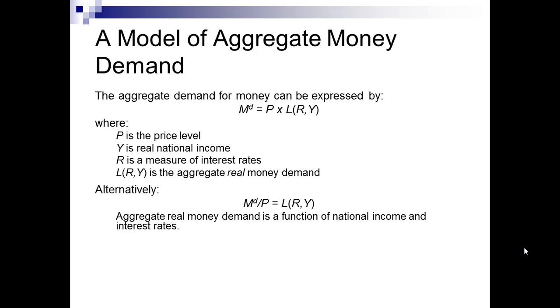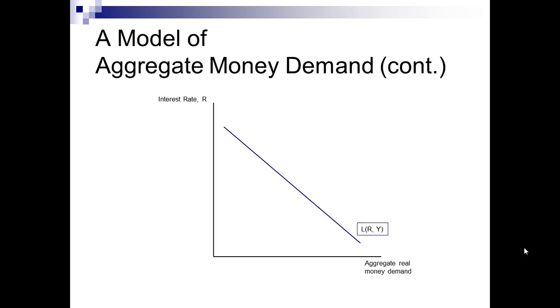So now we're going to graphically look at what happens to real money demand when there are changes in interest rates and national income. We just talked about how the interest rate is the price of money. It represents the opportunity cost of holding cash. So at high interest rates, we expect that aggregate real money demand will be lower.